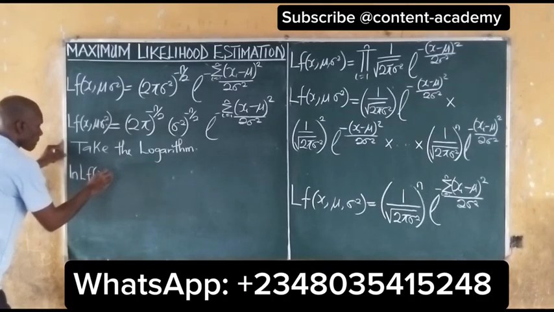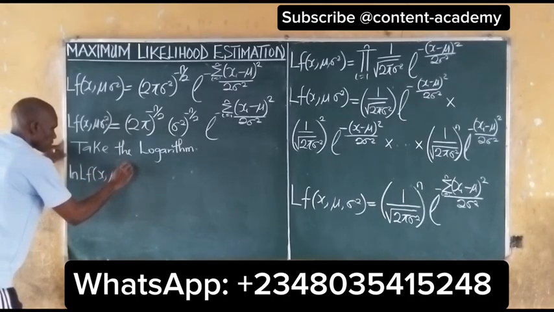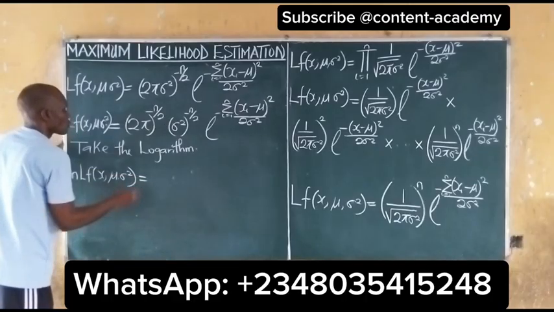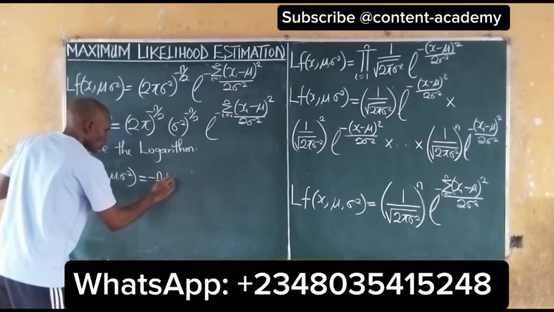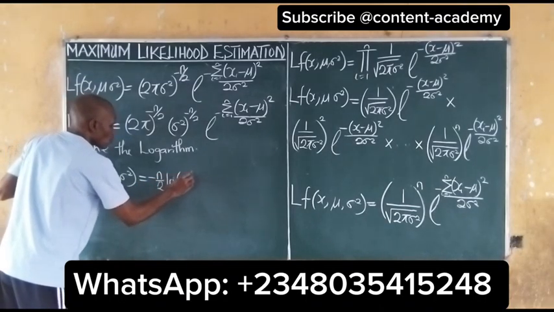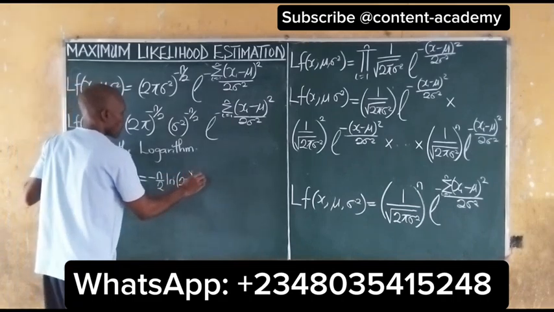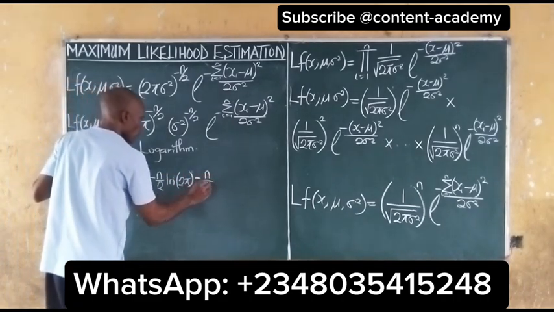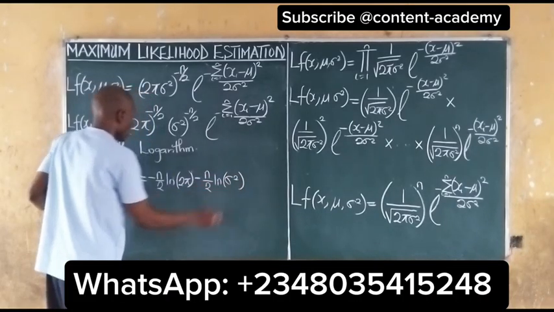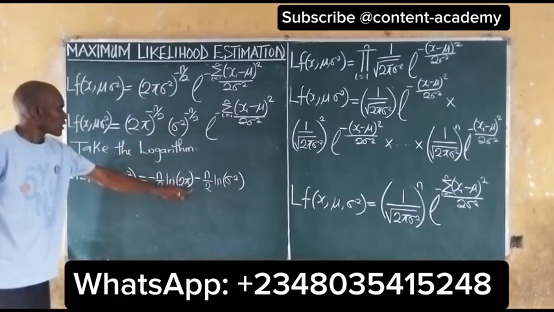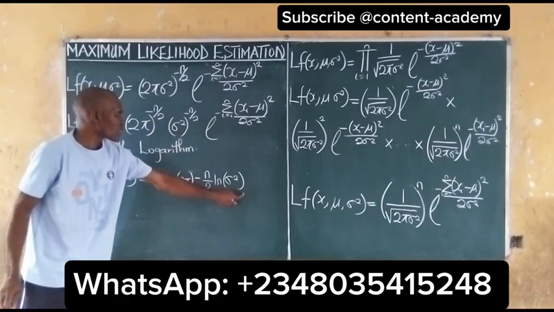The log of f of x, mu, sigma is equal to negative n over 2 times log of 2 pi, minus n over 2 times log of sigma squared.